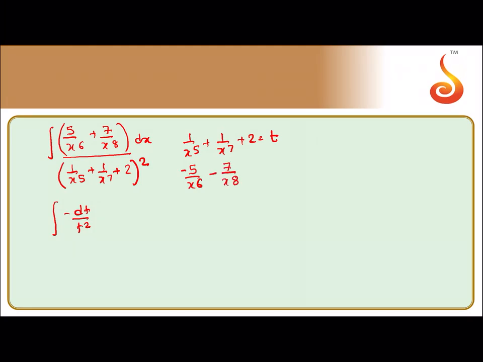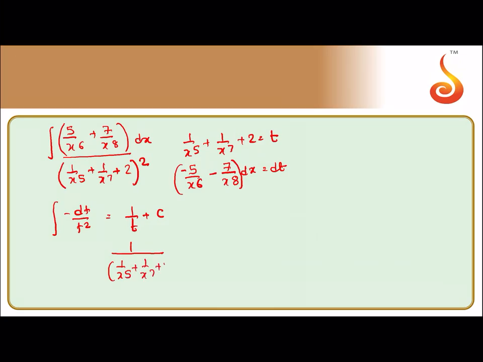So we get minus 1 by x to the power 6 minus 7 by x to the power 8 dx, I will put a bracket, is equal to dt. So this will give you 1 by t plus c.